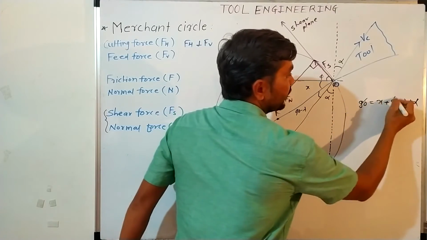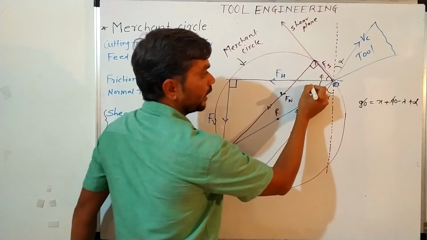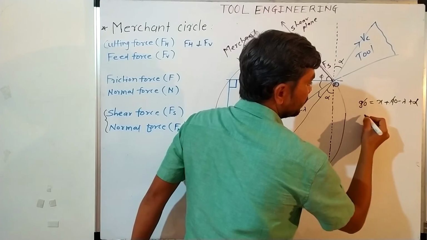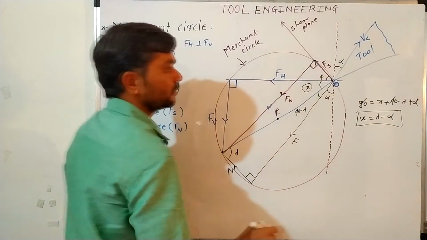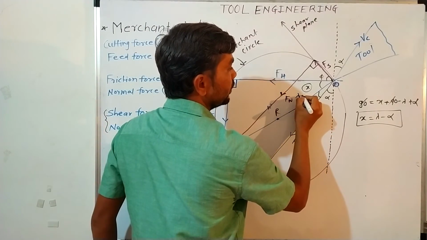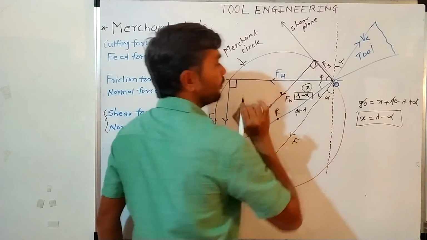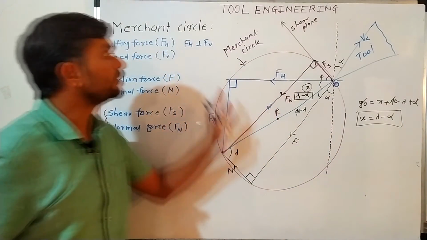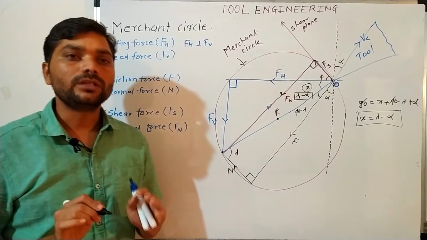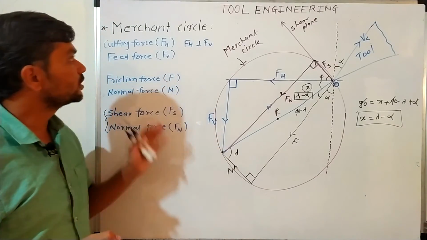Here 90 gets cancelled, and we have to find the angle x. So x is equal to lambda minus alpha. By using this relation we get this angle as lambda minus alpha.